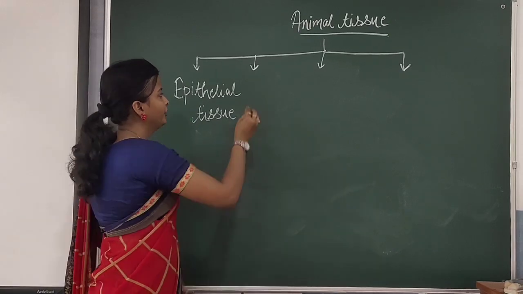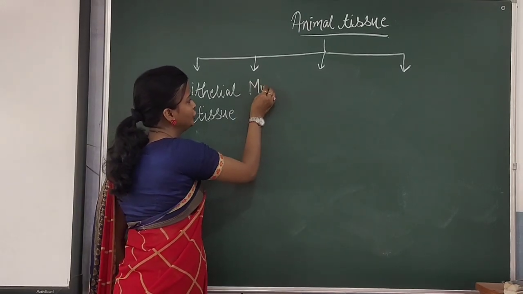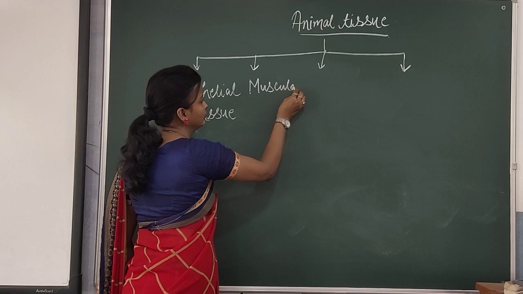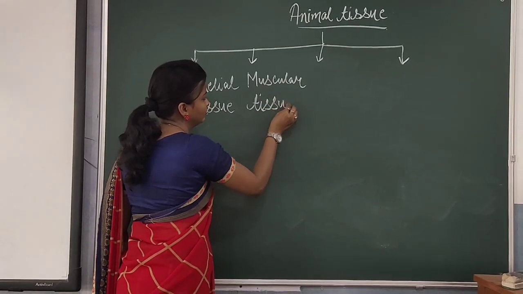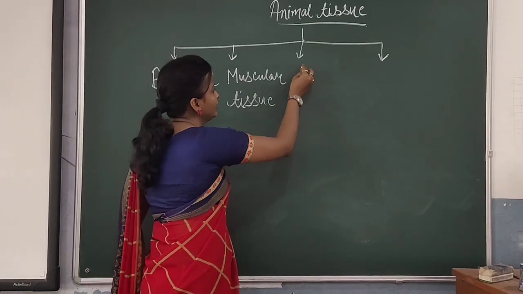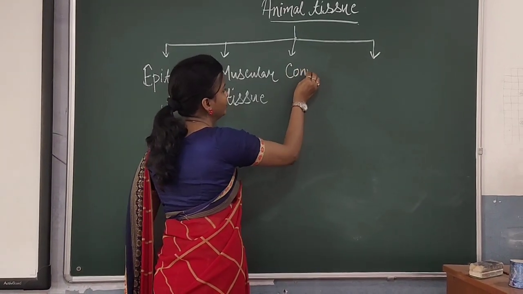Then the second one is muscular tissue. Then the third is connective tissue.